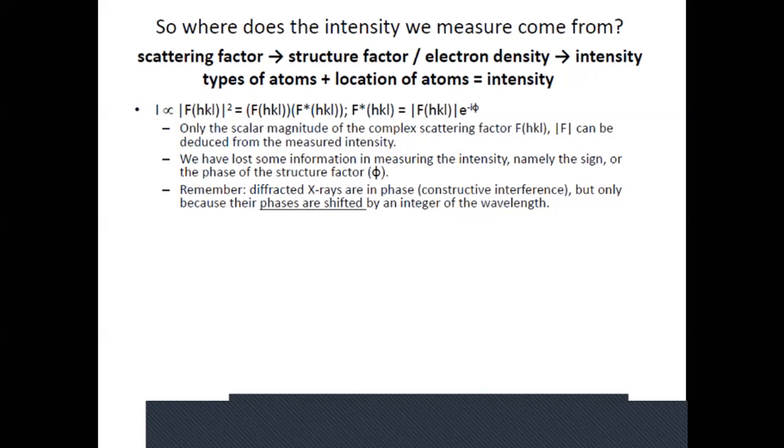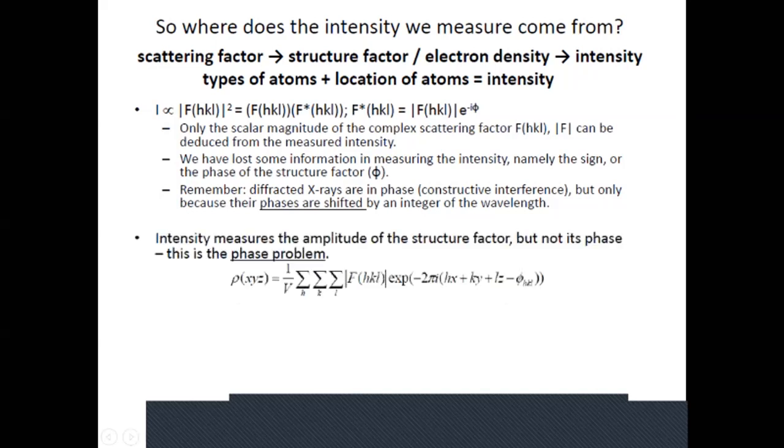And this is because diffracted X-rays are in phase, which means constructive interference. But this is due to the fact that their phases are shifted by an integer of the wavelength. And so we do lose some information about these phases when we look at intensity. So when we're looking at structure factors, intensity measures the amplitude, but not its phase, and this results in the classic phase problem in X-ray crystallography.